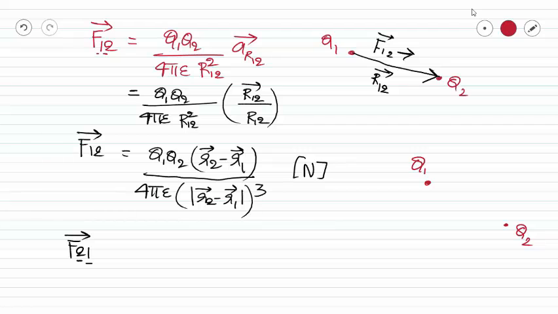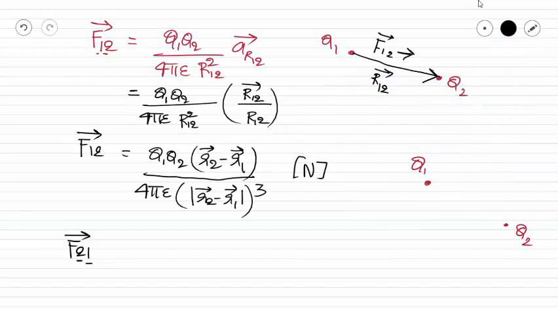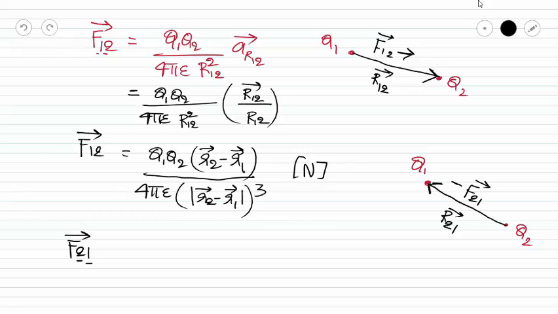Now we would like to find the force acting on Q1 due to Q2. So we draw a vector from the point where Q2 exists to the point where Q1 exists. This vector is now R21 bar, and this is F21 bar, in this direction.